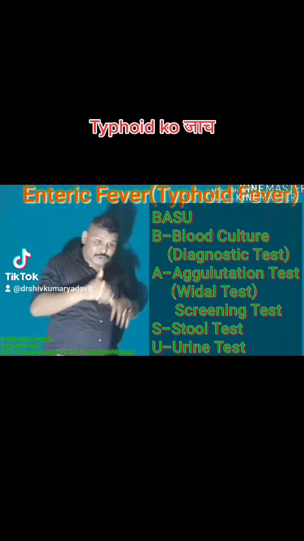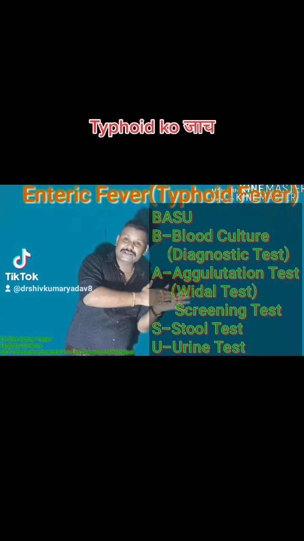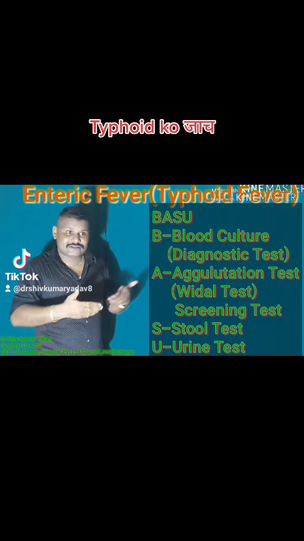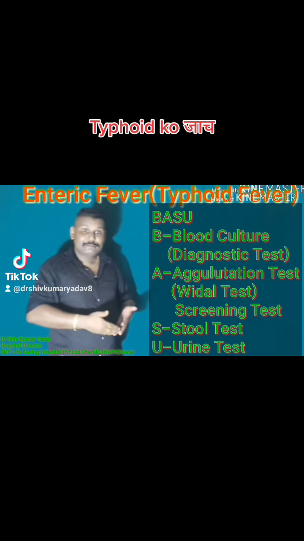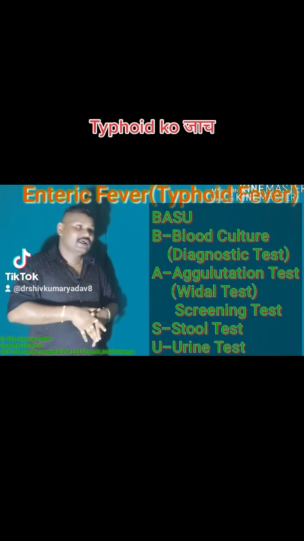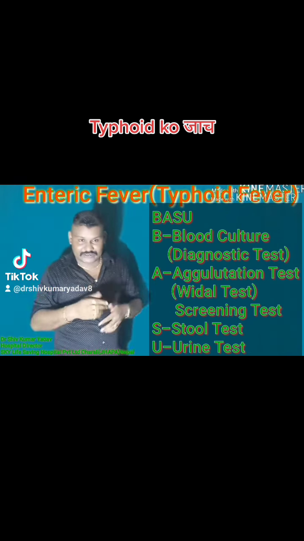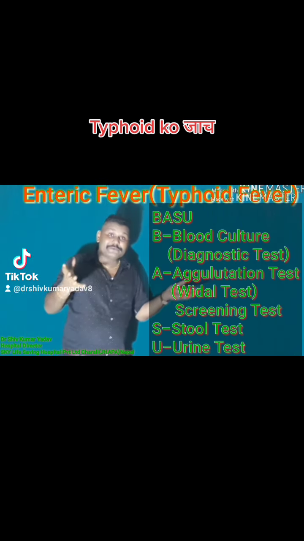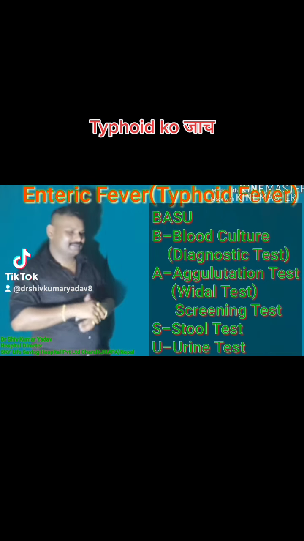BASU means B for blood culture, A for agglutination test, S for stool test and U for urine test. So the definitive diagnostic test for typhoid or enteric fever is blood culture and it takes more than 72 hours to get the report. So the patient will go to see the guard.